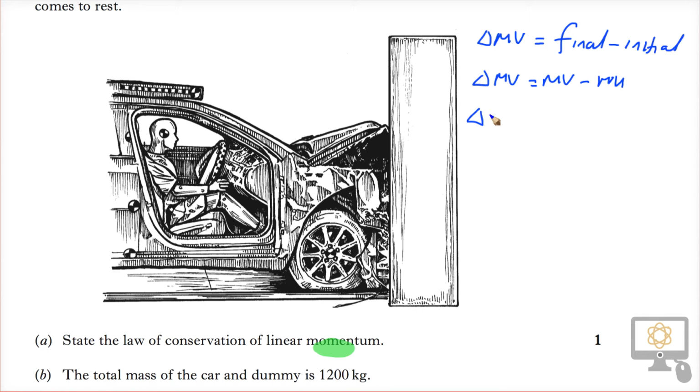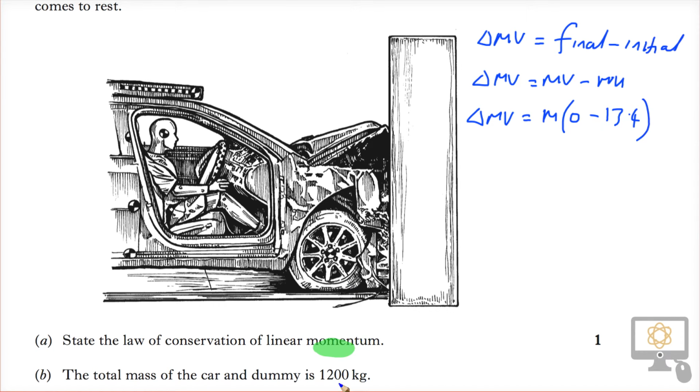So the change of momentum is equal to the mass times final velocity, 0, minus the mass times the initial velocity, which was 13.4. I've put that in brackets because mv minus mu can be factorized like that.